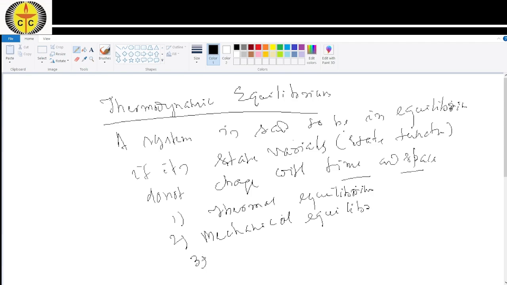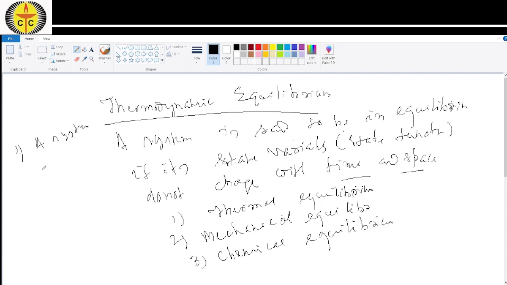Number three, chemical equilibrium. We are more concerned with chemical equilibrium. So what is thermal equilibrium?